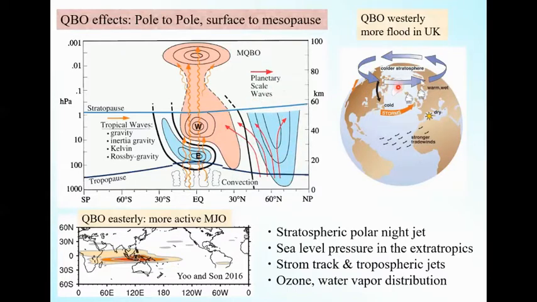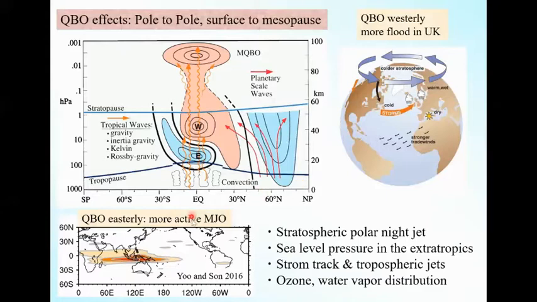Sea surface pressure in the extratropics is also modulated by the phase of the QBO. For example, here in the UK, it is known that during the QBO westerly, the UK gets more flat weather. So UK people recognize that the QBO is very important for weather forecasts in this region.